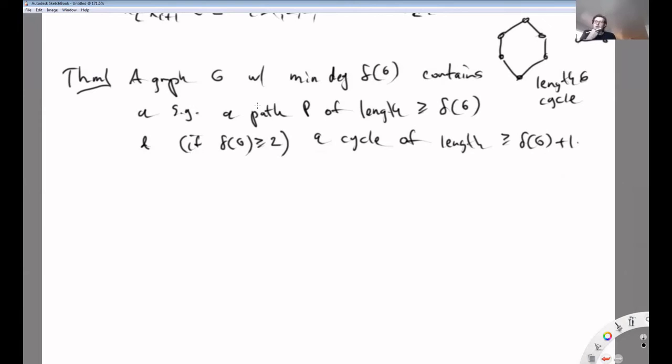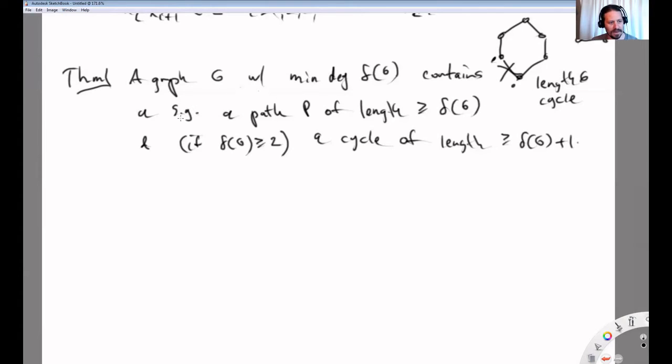Like the first definition you presented of a cycle, which we're not going with, it's a path plus an extra edge. Yeah, exactly. If you look at the picture here, this cycle has length 6, and if I remove any edge of the cycle, I'm left with a path between these two vertices, and the length has to be 1 less because we lost the edge that I removed. So a cycle always contains a path of length one shorter.